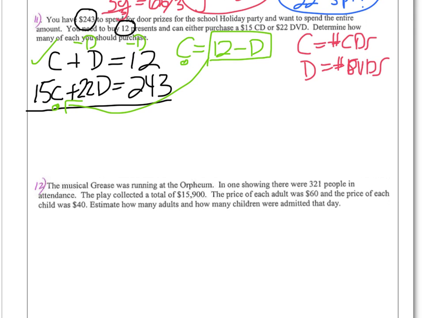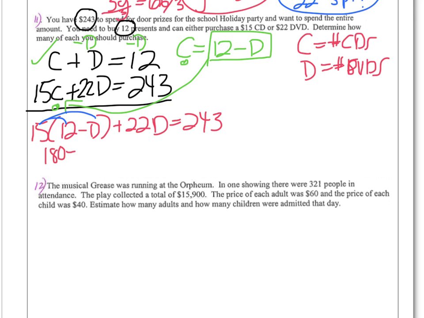So let's replace that right there. When we do it, we're going to get 15 times 12 minus D plus the 22D equals 243. We're going to come in and distribute. That'll get us 180 minus 15D plus 22D equals 243.